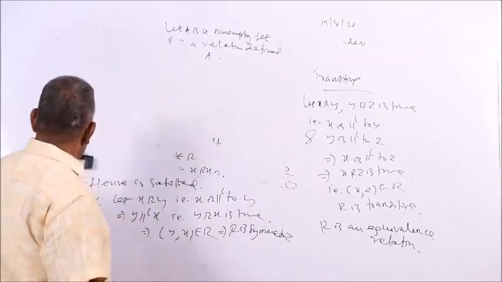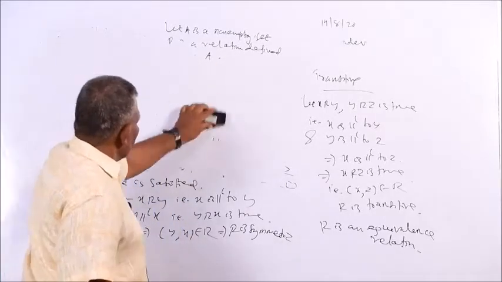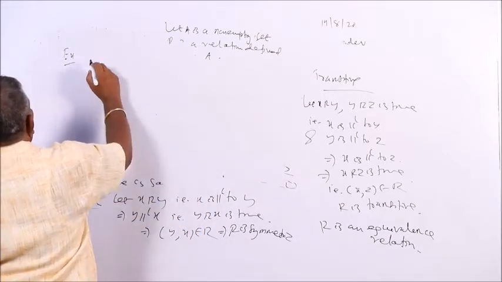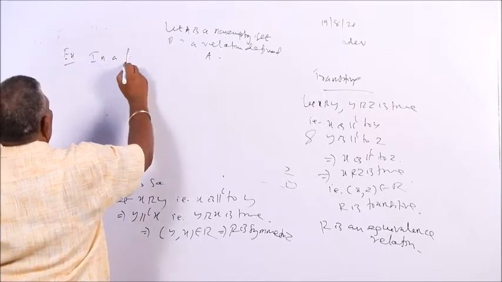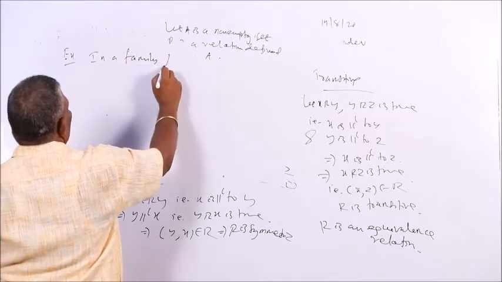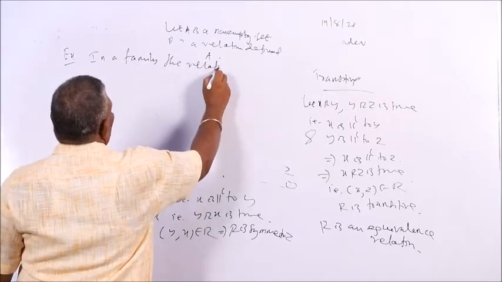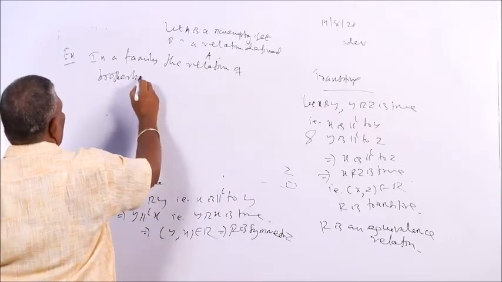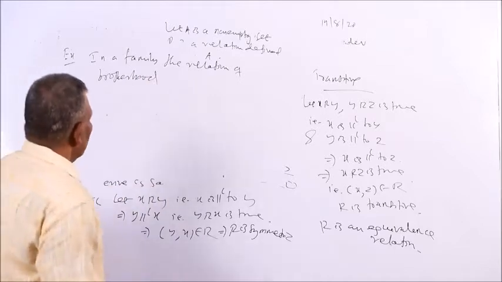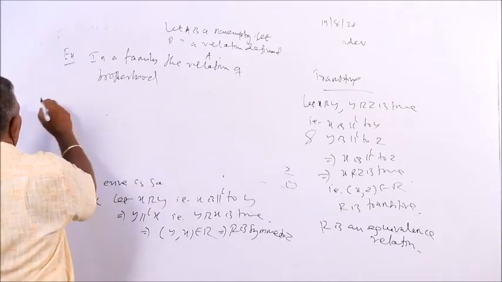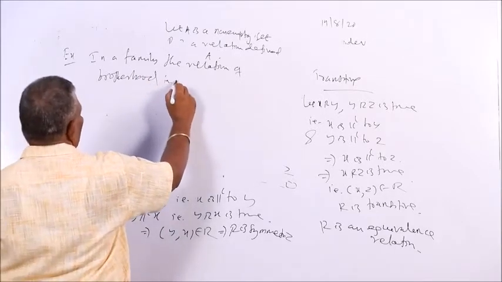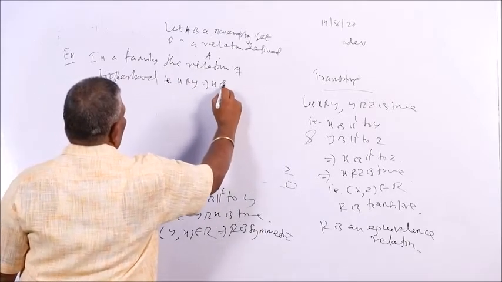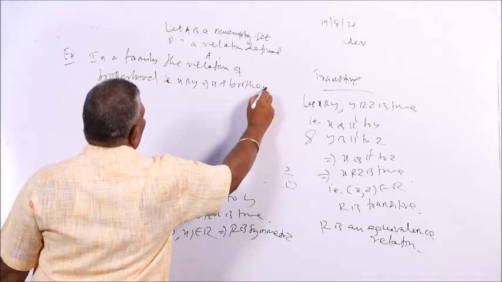Let us consider another example. In a family, the relation of brotherhood, that is, x related to y implies x is brother of y.